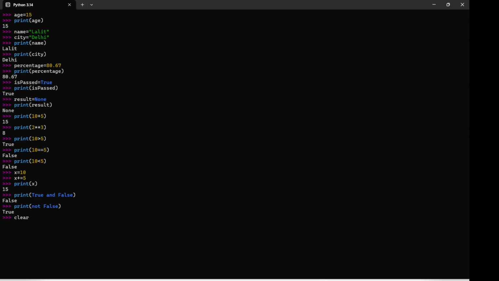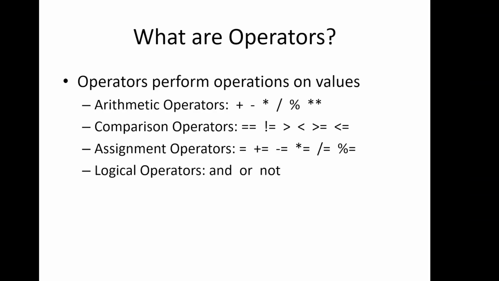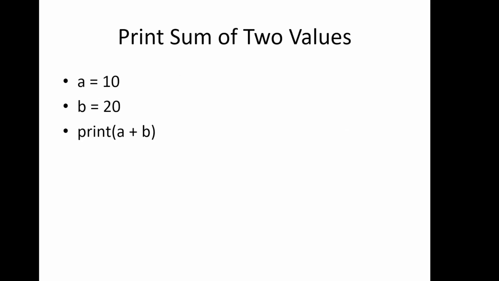Okay, we are clearing everything. Now operators are done. Let's see one example again. We want to print two things, A and B, or we can say we want to add 10 and 20.